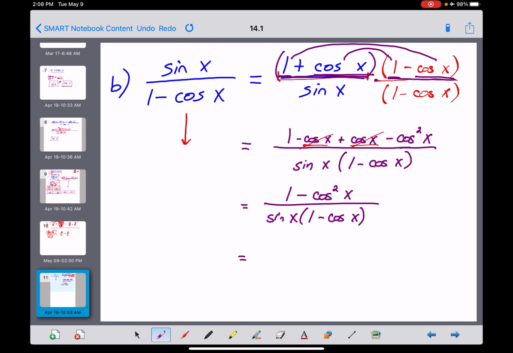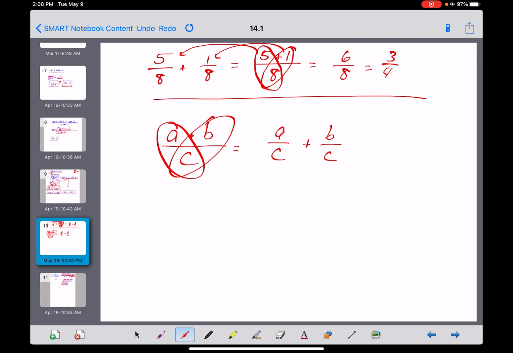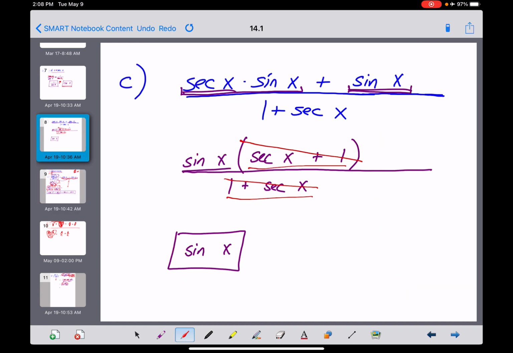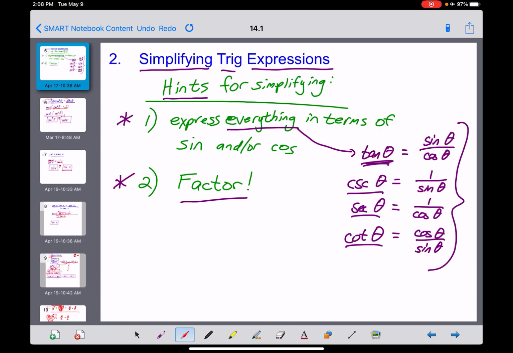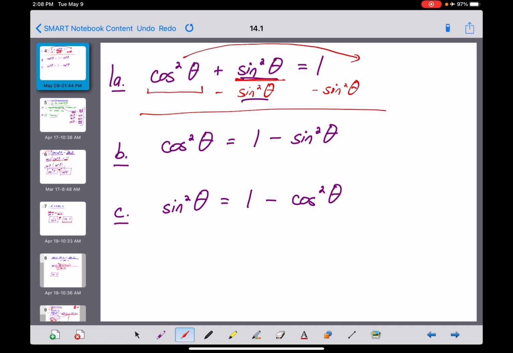And right about now, something cool happens. That numerator, which was just 1 plus cosine of x, has now turned into a binomial where one of the two terms is 1 and the other one is a trig ratio squared. And again, that makes me think about Pythagorean trig identities. 1 minus cosine squared of x, I think we have written down somewhere, guys, and I think it's right here.